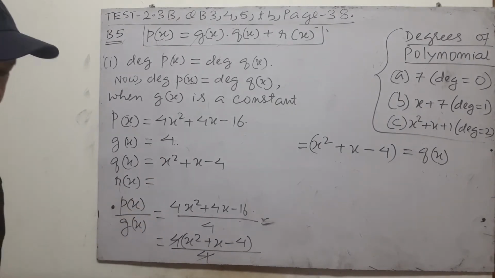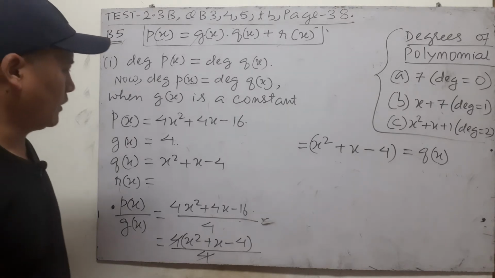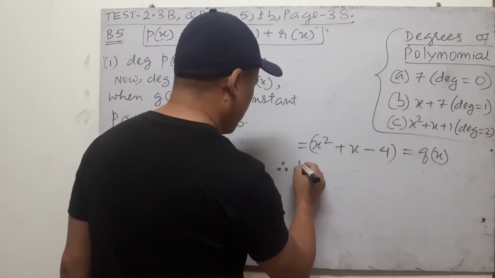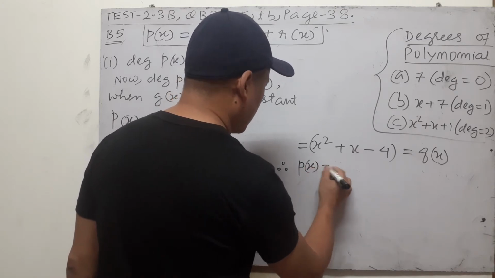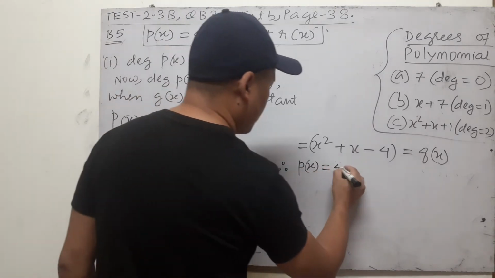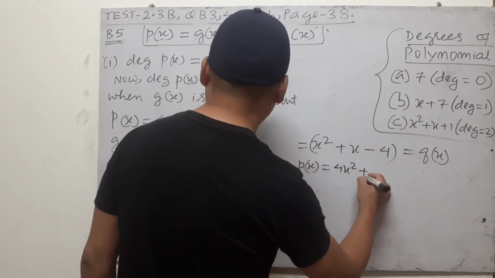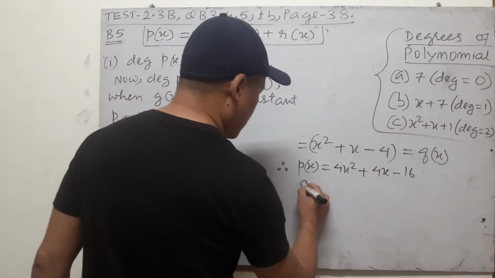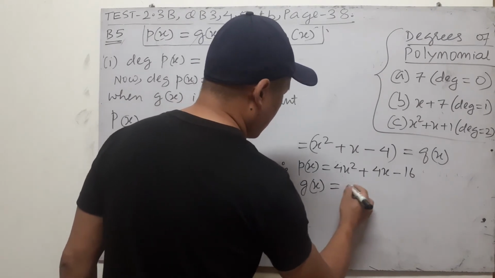Okay, so now we can write it down here. Therefore, in the final analysis, p of x we have chosen equal to 4x squared plus 4x minus 16, and g of x we intentionally put as a constant number.